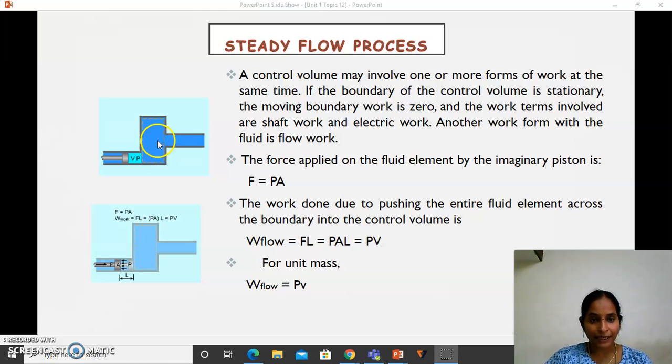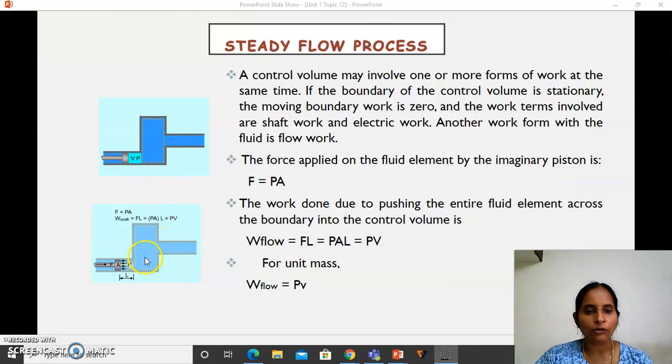An imaginary envelope supposed to exist around the control volume is called the control surface, the space that is bounded is called the control volume, and the surrounding envelope is called the control surface.